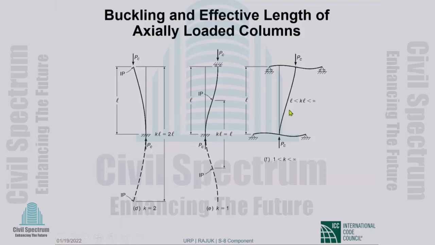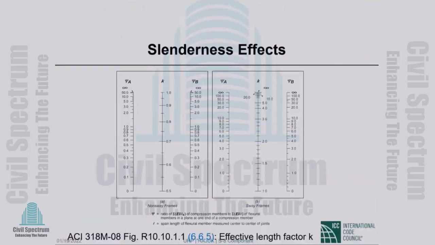That is the best you can do in this situation. If this beam is flimsy and very flexible, then rotation is not restrained and translation is not restrained. And if that is true at both ends, both beams are flimsy, then we have an unstable situation and K is equal to infinity. Okay, so that gives you the whole range of K values.